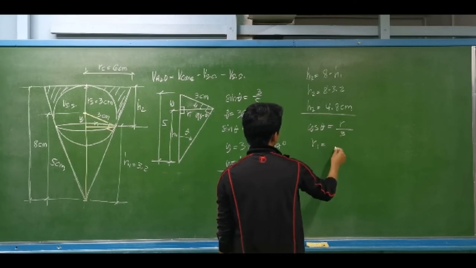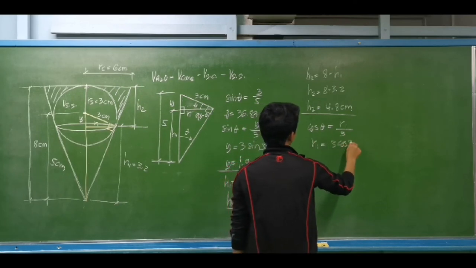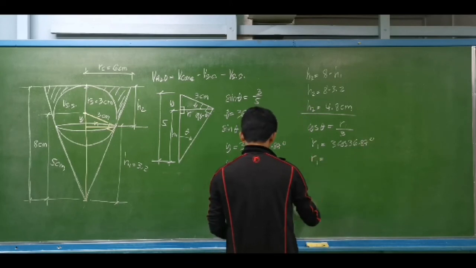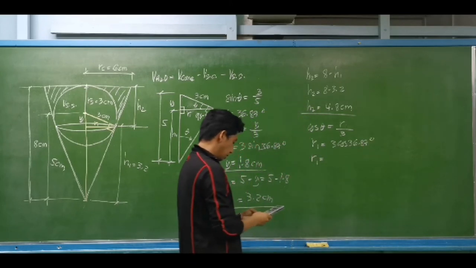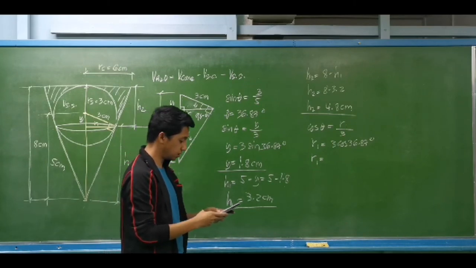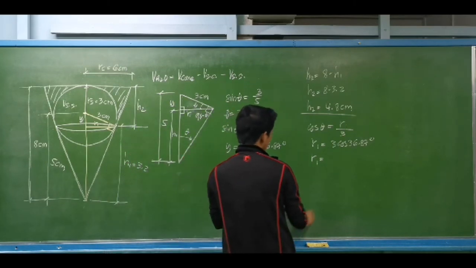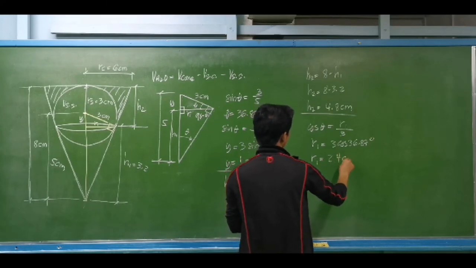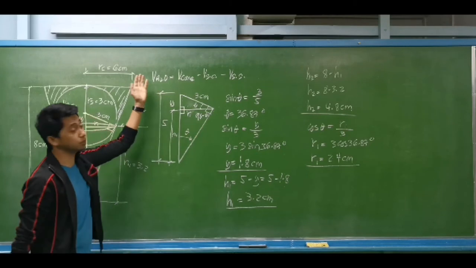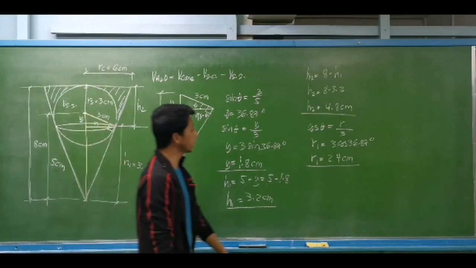So, yung R1 natin is 3 cosine of 36.87 degrees. So, yung R1 is equal to, what is 3 cosine of 36.87? That is 2.3999. Sabihin natin 2.4 cm. Okay, so I think pwede natin kunin yung volume ng tubig.